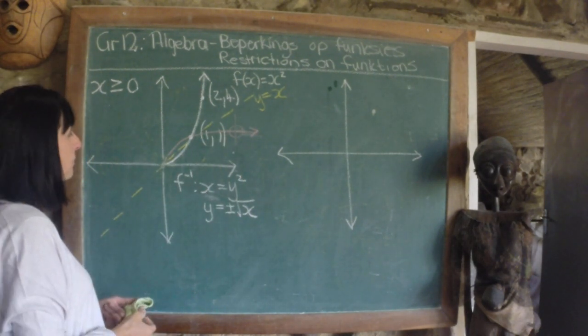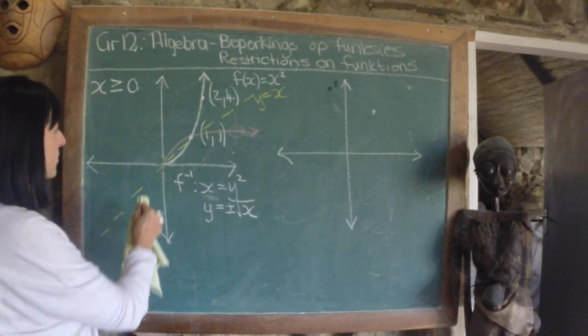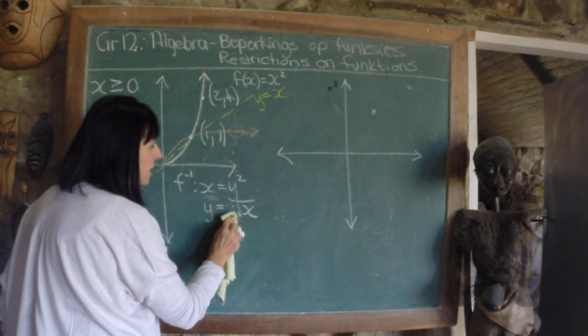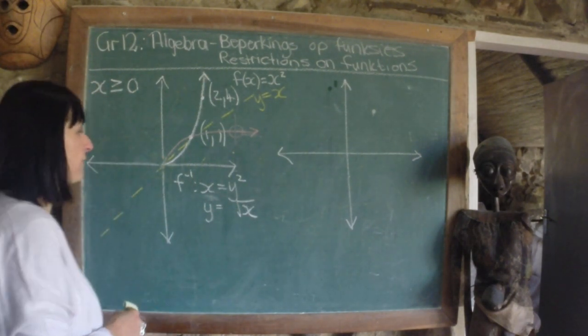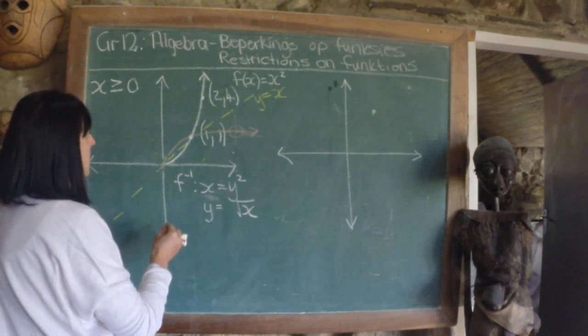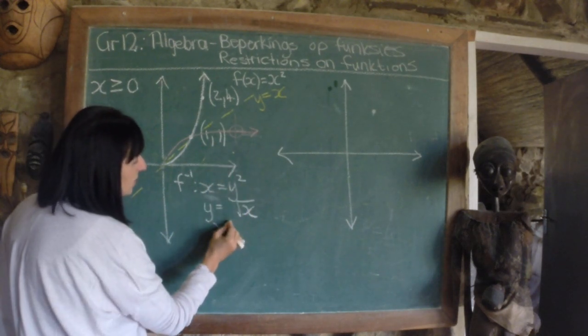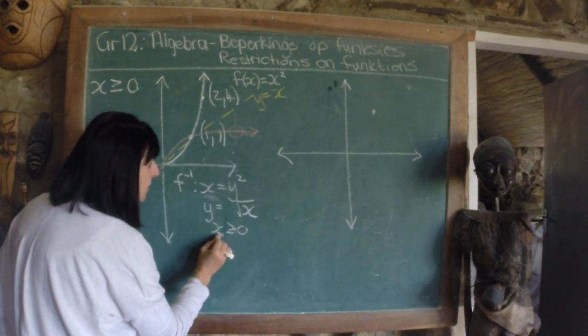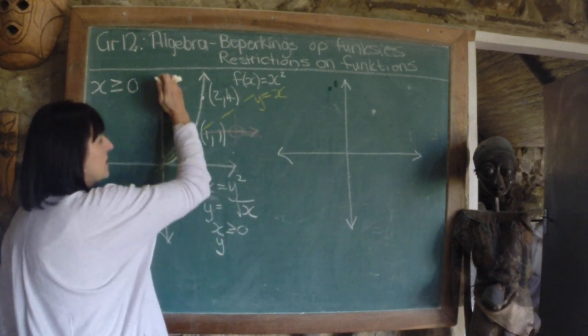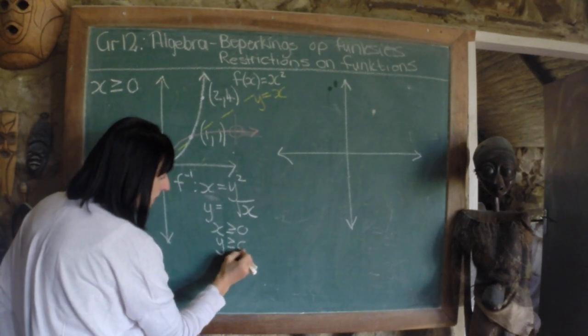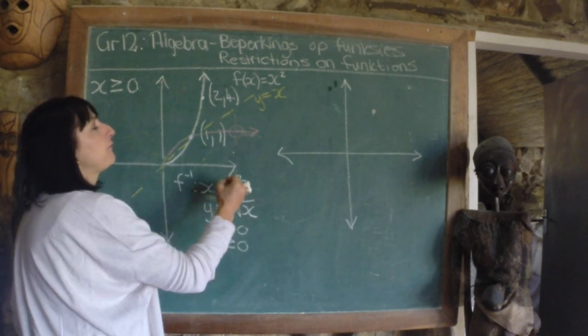So that's not plus minus root of x, because the minus part is now gone. It's only the positive part. So this is where x is also greater or equal to 0, and y, in this case, is greater or equal to 0. That's my inverse function now.